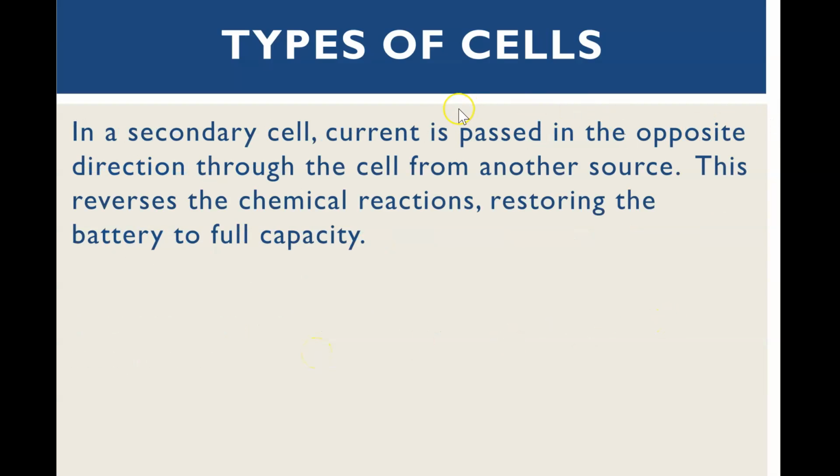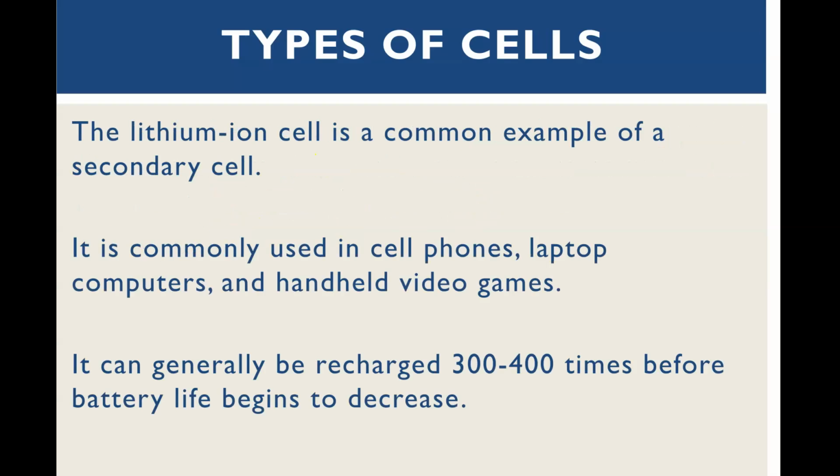In a secondary cell, the current is passed in the opposite direction through the cell from another source, and this reverses those chemical reactions, restoring the battery to its full capacity.